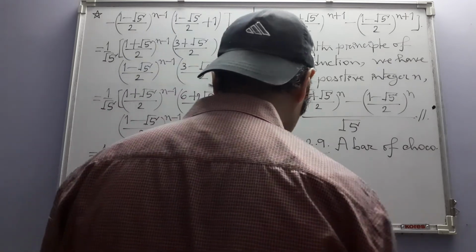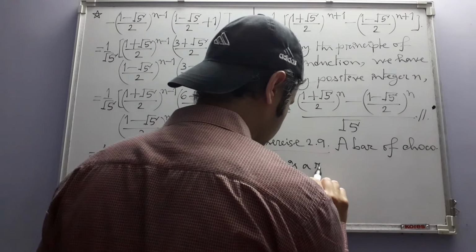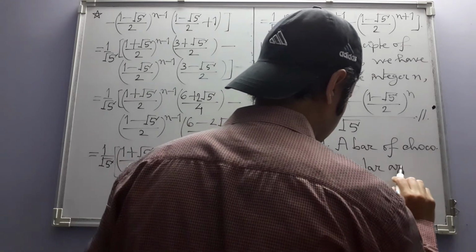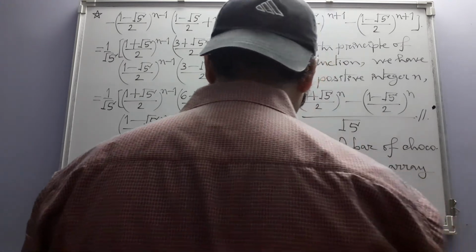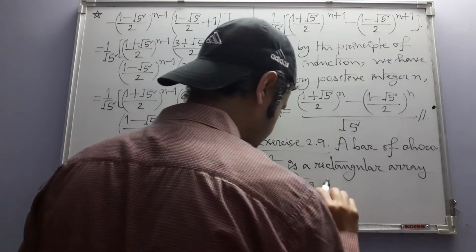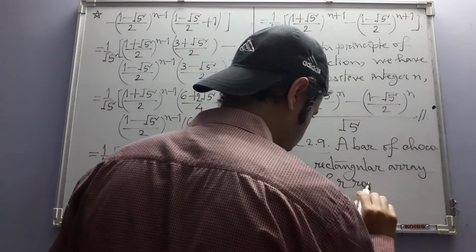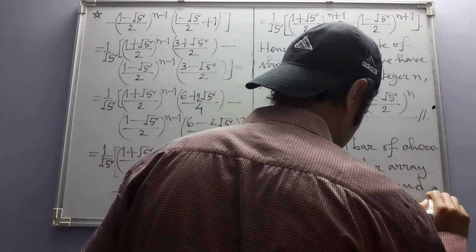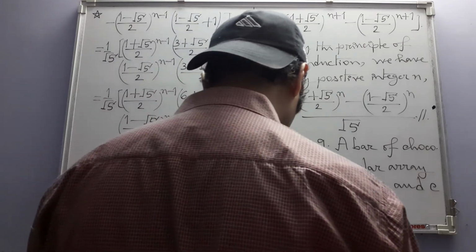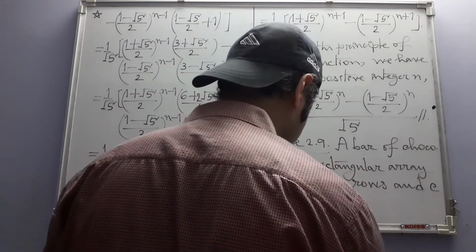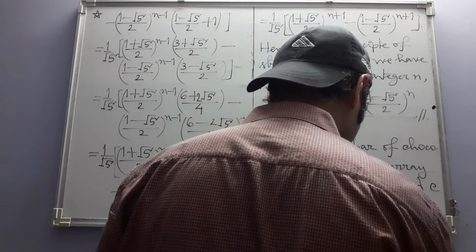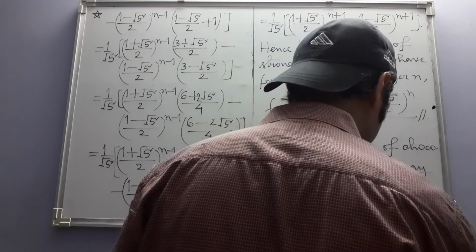A bar of chocolate is a rectangular array consisting of r rows and c columns of unit square chocolate pieces.